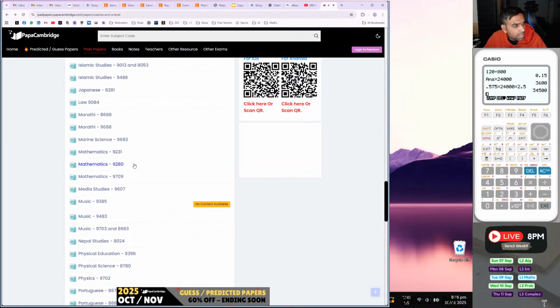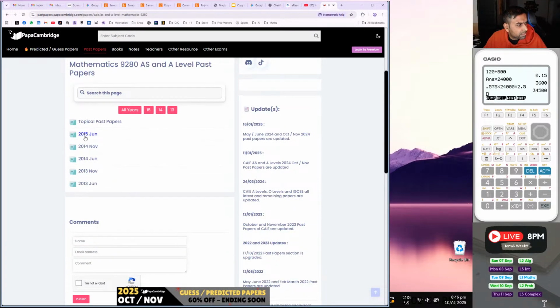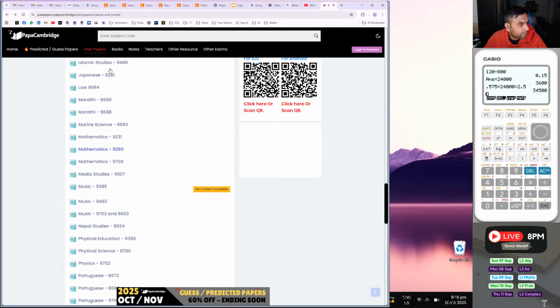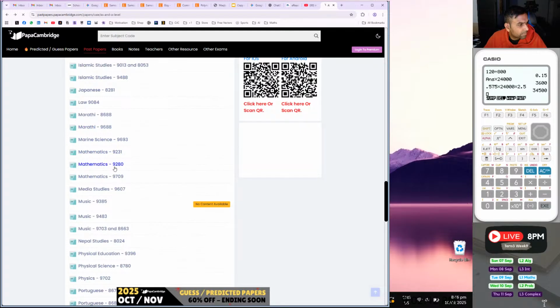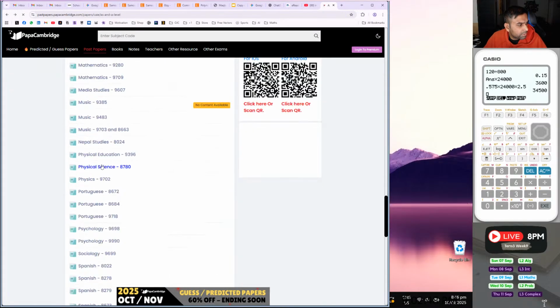So it's 9709 like year 13, and then this is year 12 and year 11? No? Oh, damn it. It's for different zones. What do you mean zones? Oh, right, this only goes up to 2015. What about 9280? Oh, so you're only doing 9709.